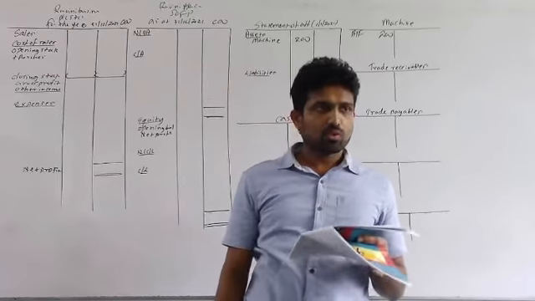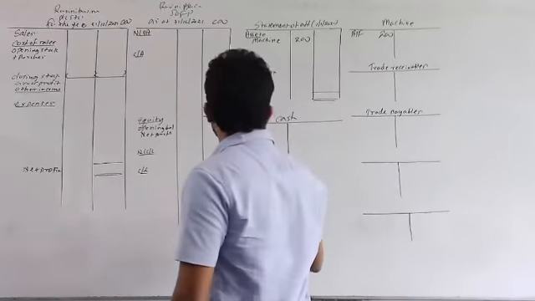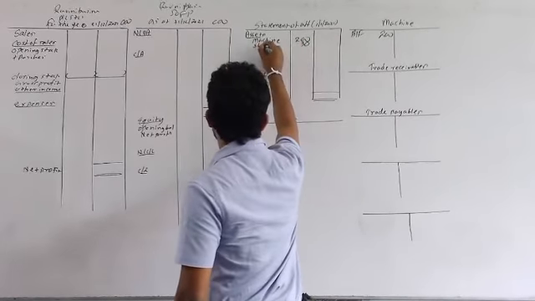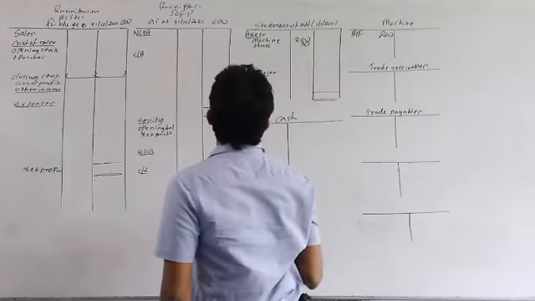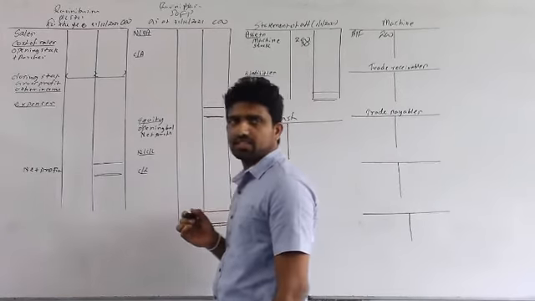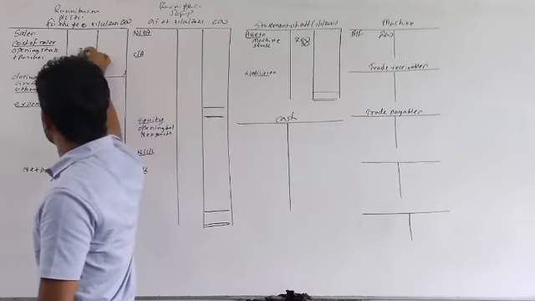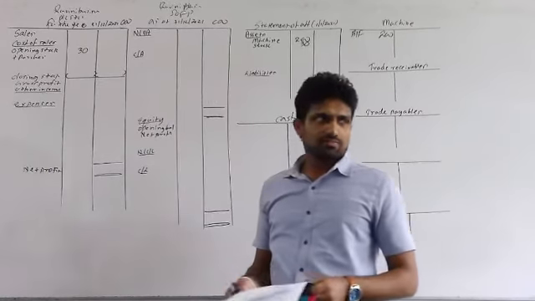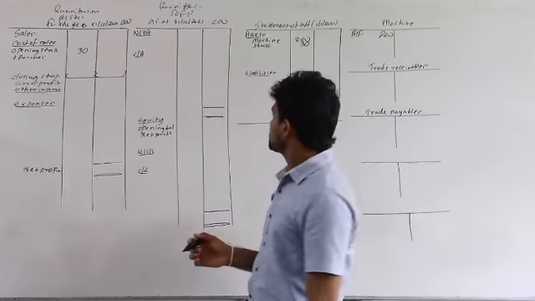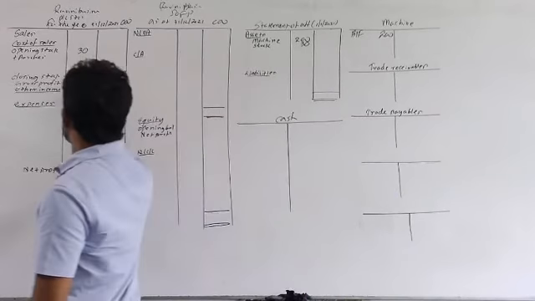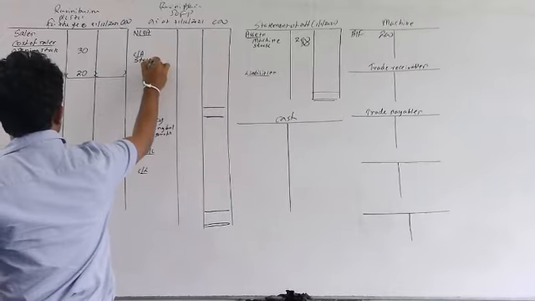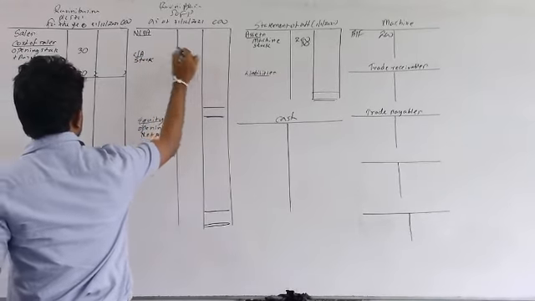Stock, opening stock 30, take under assets and take this 30 here to the trading account. Don't draw any new account for stock. You know that is an asset class. Closing stock is 20. In your statement of financial position, you can put the closing stock under current assets. Stock is 20.